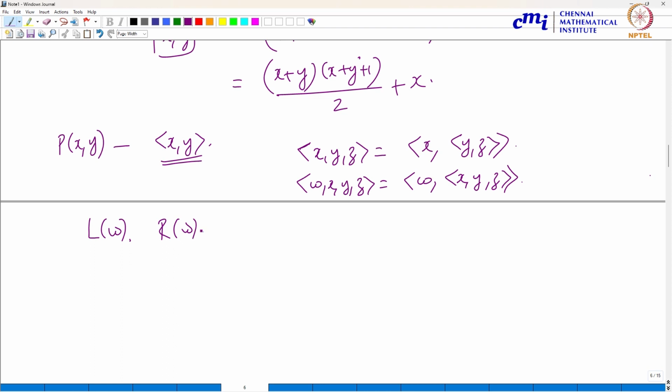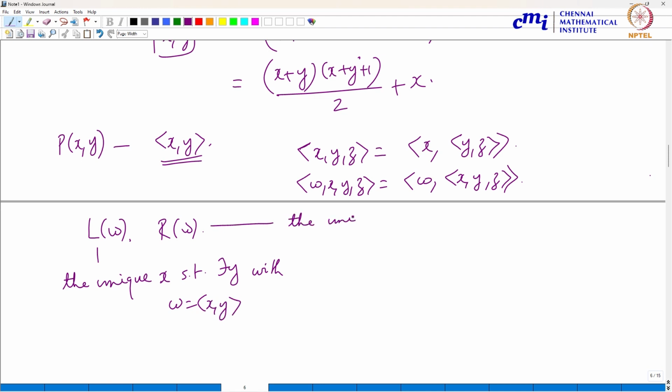So LW is the unique x such that there exists a y with, similarly this is, okay. So you can do this. So if you have an algorithm that tells you whether a system has a solution or not, then you can apply this search procedure to actually produce a solution. Okay, good.